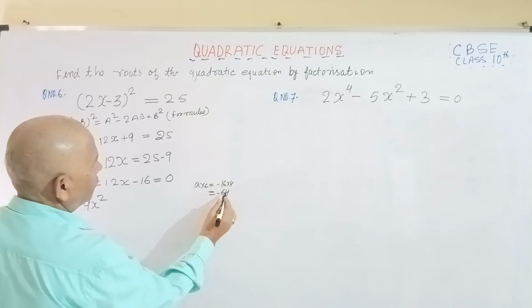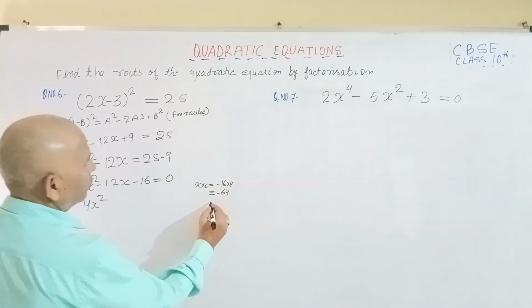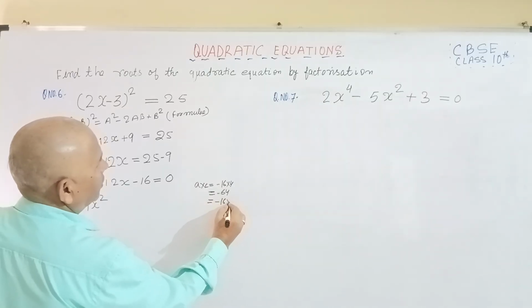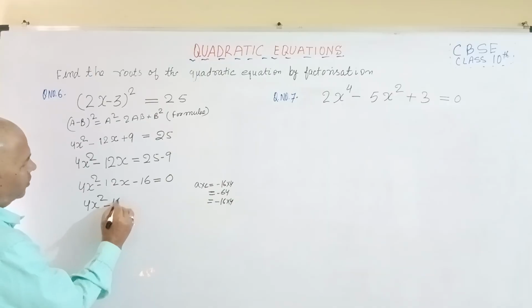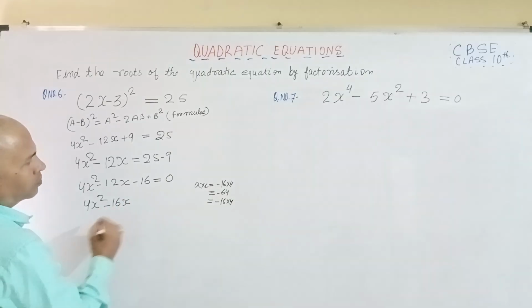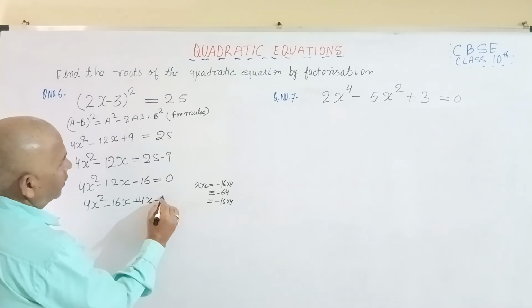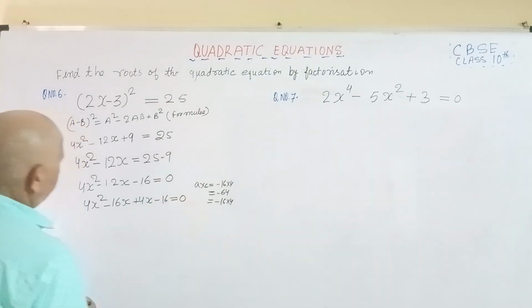Now the factors of 64 are 16 and 4, that means minus 16 into plus 4. So I will write here 4x square minus 16x plus 4x minus 16 equals 0.